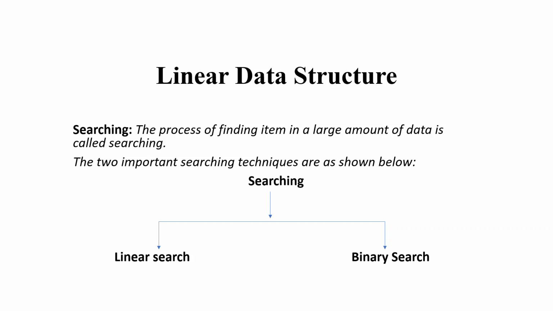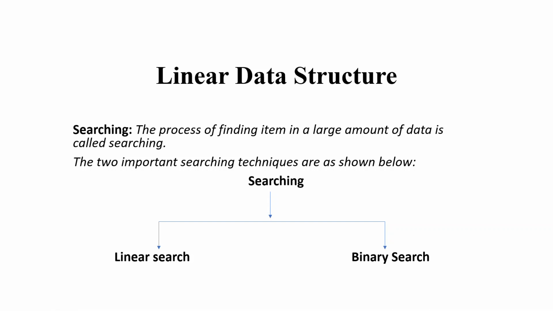More often, we will be working with a large amount of data. It may be necessary to determine whether a particular item is present in the large amount of data, then we need a searching method. Searching is defined as the process of finding an item in a large amount of data.